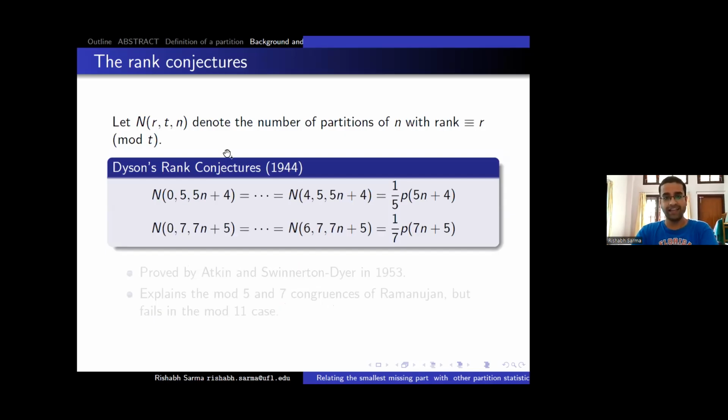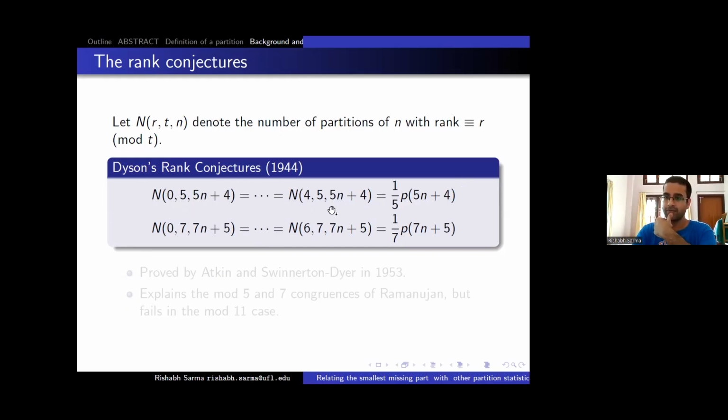Dyson states that if N(r,t,n) denotes the number of partitions of n with rank congruent to r mod t, then the rank statistic divides the partitions of the number 5n plus 4 into 5 equinumerous classes. If we take t to be 5, and r ranges from 0 to 4, that is exactly what happens here.